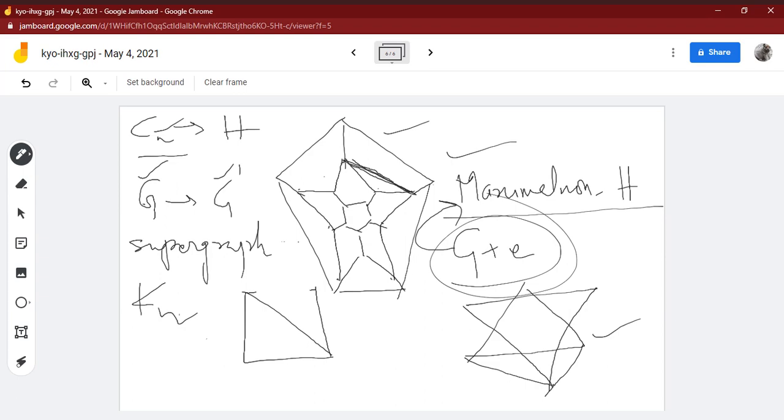Wait, from here, if I draw one edge, I think you'll get a Hamiltonian circuit, right? If you start like this, then you'll get the complete Hamiltonian circuit. So this is a maximal non-Hamiltonian graph.